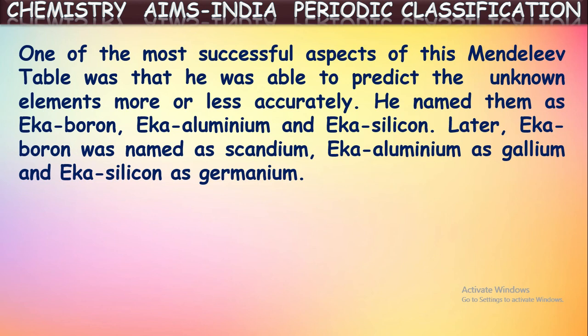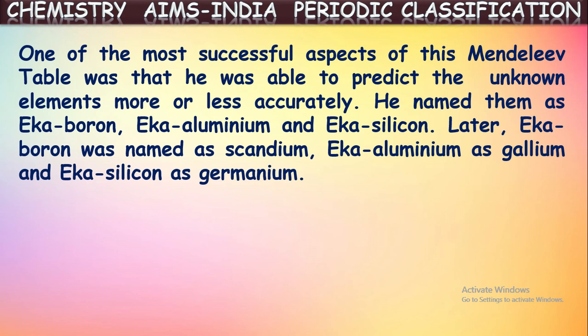For example, he expected an element below boron in his periodic table and he named that element Eka-boron. Later, as he expected, that element was discovered and it is named scandium, which has some properties similar to boron. And one more element he expected below aluminium and he named that element Eka-aluminium. That element was also found later and it was named gallium.